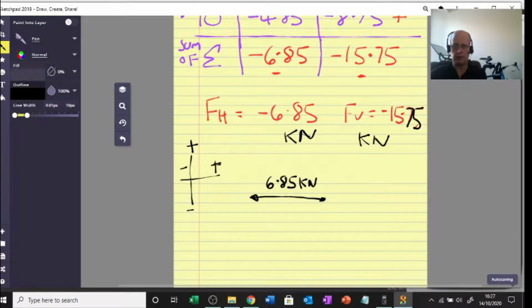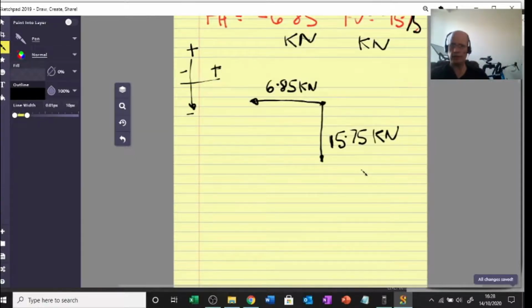And the vertical has also got a minus in front of it, which means it's coming down as well, 15.75 kilonewtons. That's all it means. Don't put the minus in the units; all the minus tells you is the direction. Okay, nod if you agree.